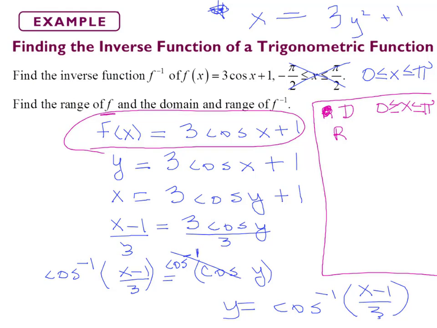So think about the original function. What's the range of cosine by itself, with nothing around it? Exactly. So now, if I multiply that by 3, what's the new range?